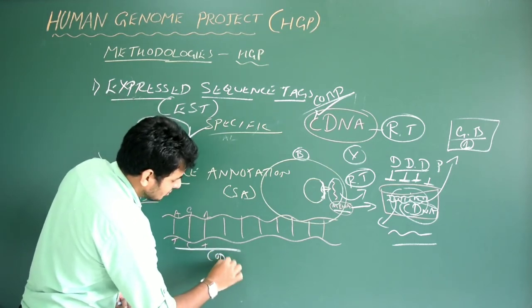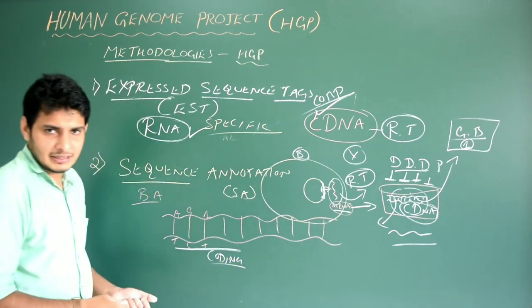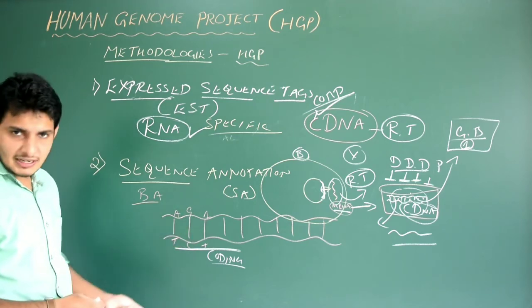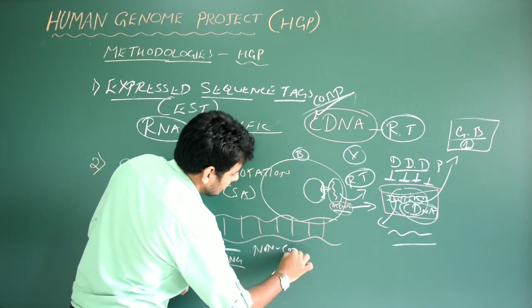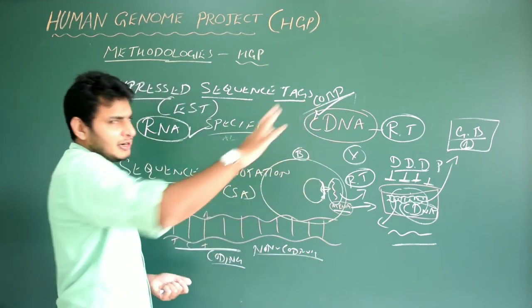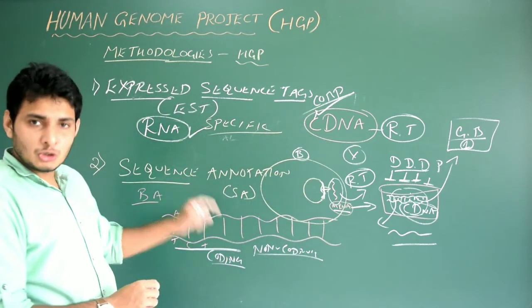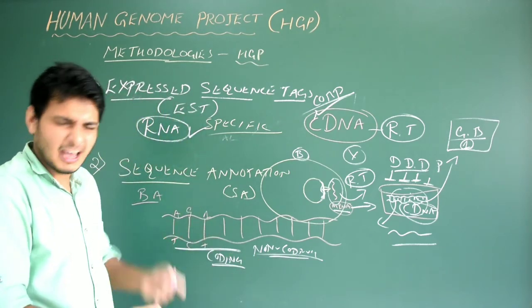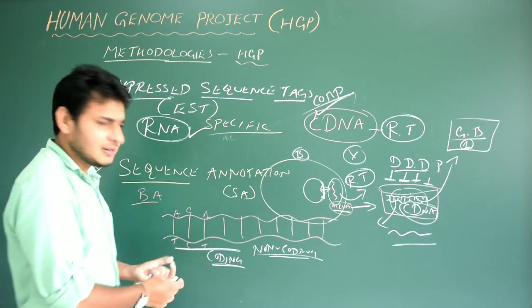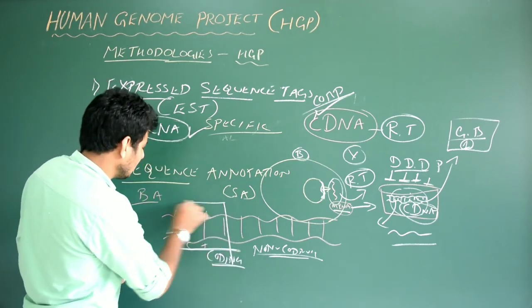We don't know whether this sequence is a gene or not. So first sequence the nitrogenous bases present in the human genome, including coding and non-coding sequences. Everything is involved.